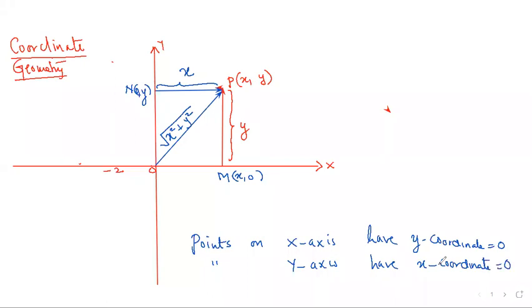One diagram, one concept. That's why I marked this and showed x, 0 and 0, y. Points on x-axis: any point if you take on x-axis, y coordinate is 0. Point on y-axis will have x coordinate 0. X coordinate is 0.